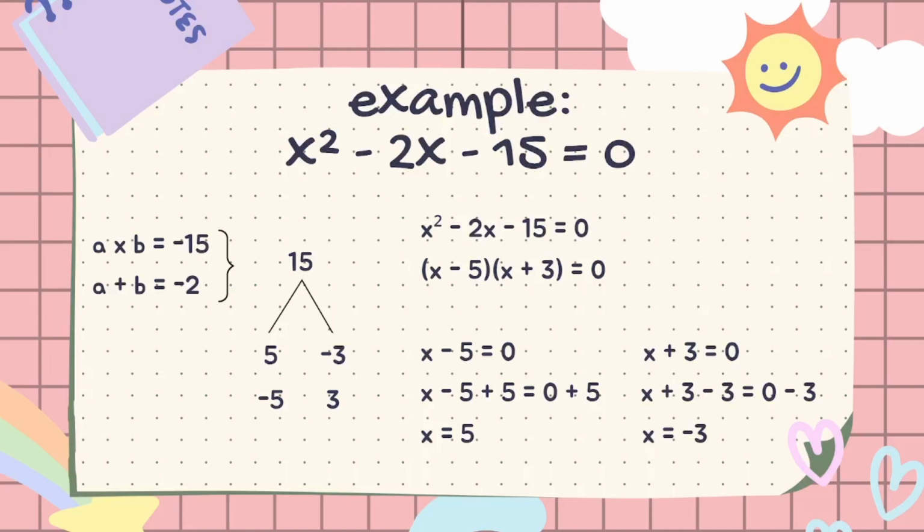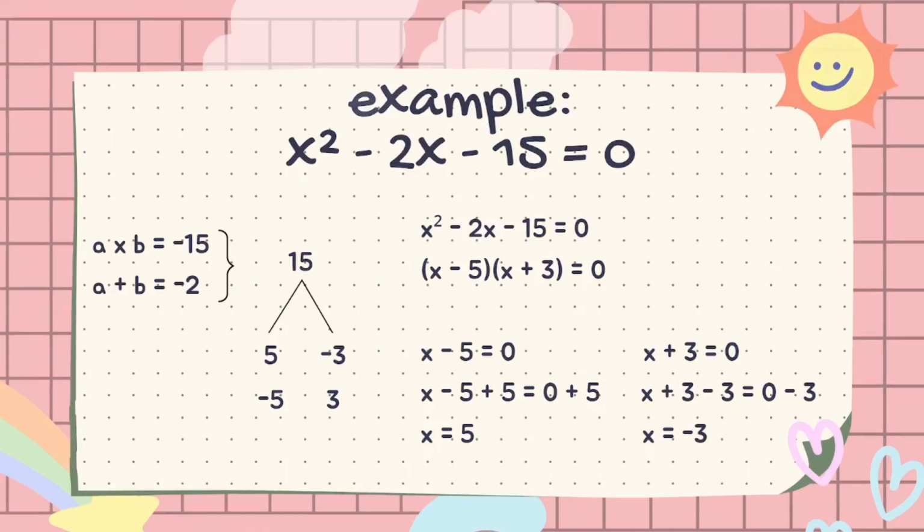So we have positive 5 and negative 3, or negative 5 and positive 3. 5 plus negative 3 adds up to positive 2, but negative 5 plus 3 adds up to negative 2, so we're going to use the quantity x minus 5 and x plus 3.